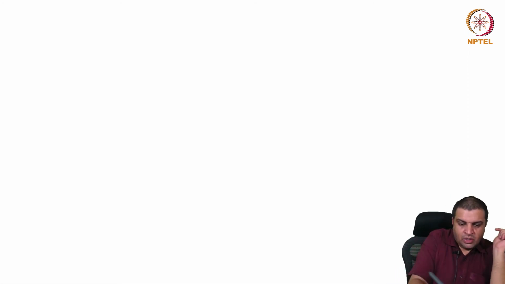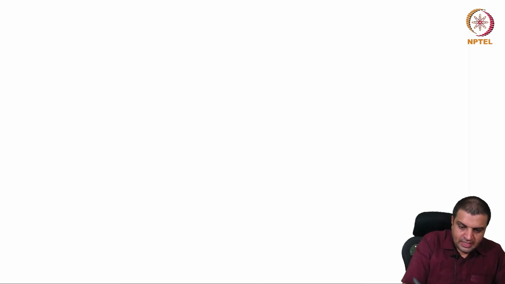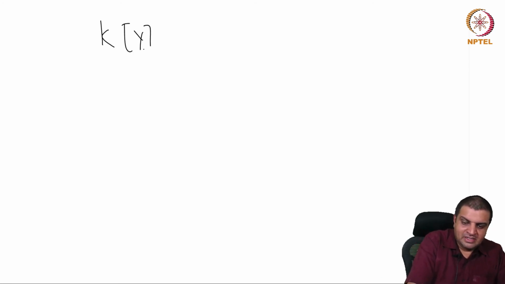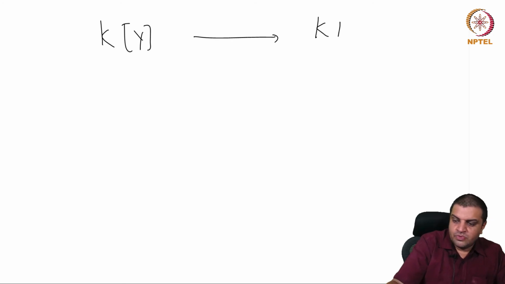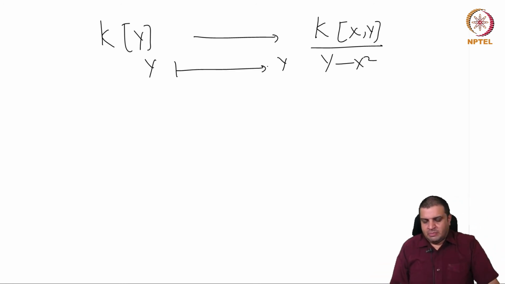Now let's do the same thing for the y-axis, where the picture is slightly different. I will try to keep the picture in our mind, and I will change the orientation of the diagram. So now let me write Ky to Kxy modulo y minus x squared, and the map is y goes to y, just the usual natural map.